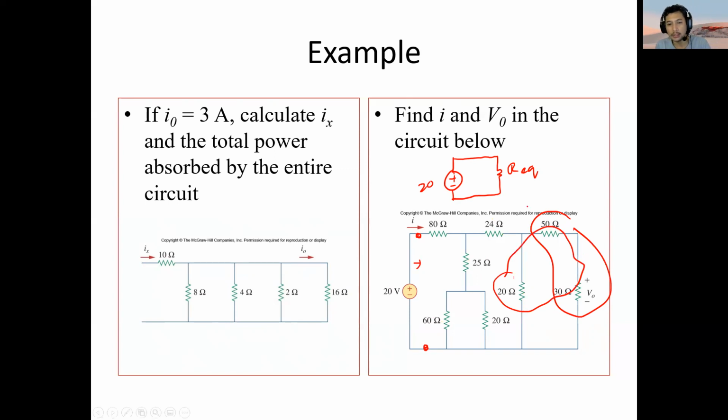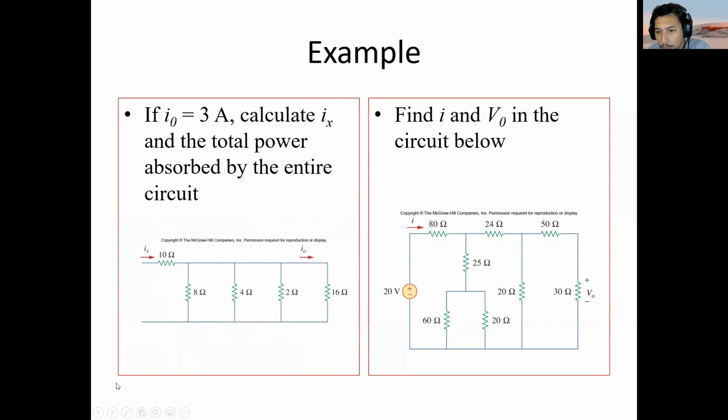So you need to simplify the circuit so that you can get this one. Then after that, you can get what is your I here. Okay, so after you get your I, for example, the second one is the V out. So this is, I think, more challenging. Okay, so I will discuss this maybe during our next class.